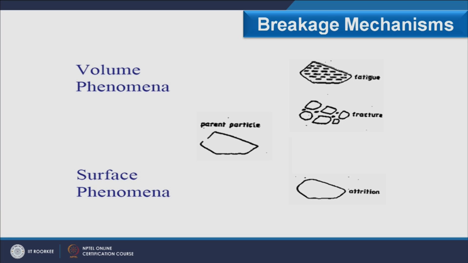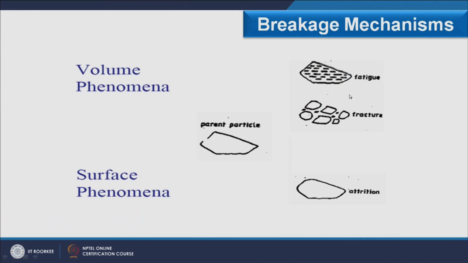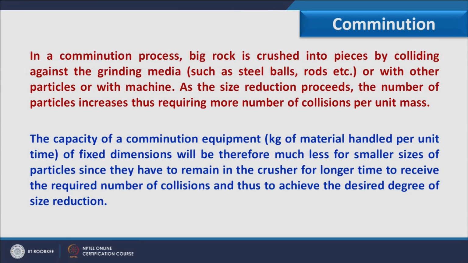In surface phenomenon, the particle does not reduce its size significantly; only due to surface action, due to attrition, due to shear, the surface becomes smooth. So, volume phenomenon happens due to fracture of the parent particle, and surface phenomenon occurs when we consider attrition or shear of the parent particle. So, these are the mechanisms we use in comminution.